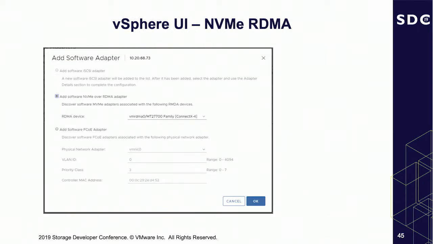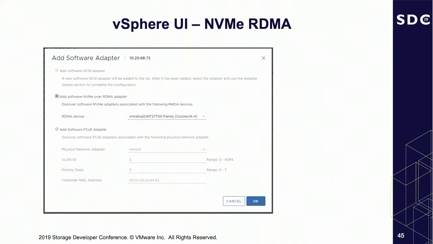In the case of RDMA, like I had mentioned, you have to walk through adding a specific adapter. You specify which RNIC you want to bind to. One other thing I want to point out is that the RDMA driver is agnostic. It can work on top of RoCE. We right now plan to support RoCE v2, but that same driver should be able to work on top of iWARP as well.